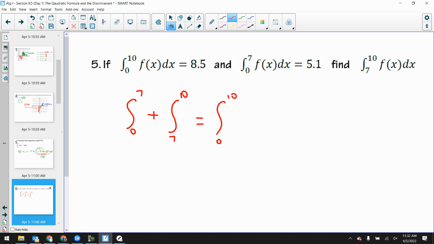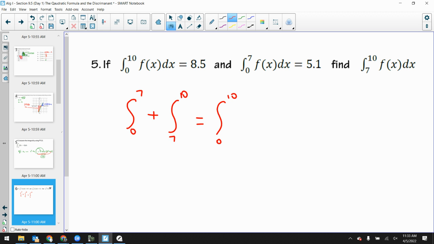From 0 to 7 plus 7 to 10 is equal to 0 to 10. That's like saying the area under the curve from 0 to 7 plus the area from 7 to 10 is equal to the area from 0 to 10. So it's kind of like composite area.